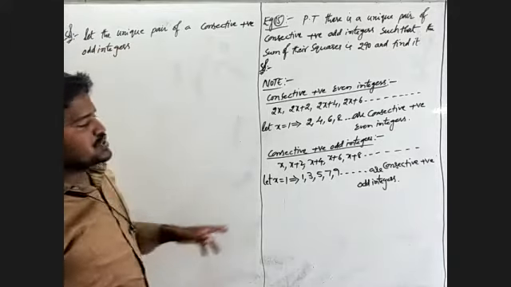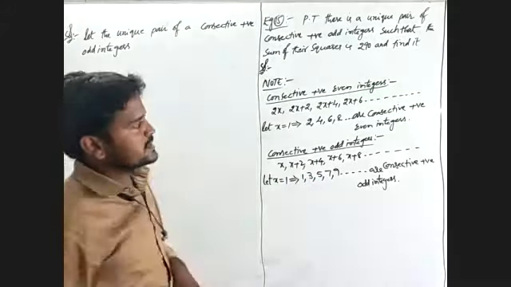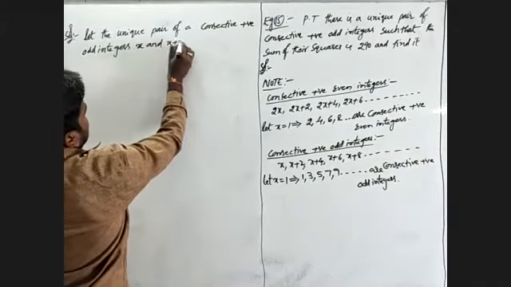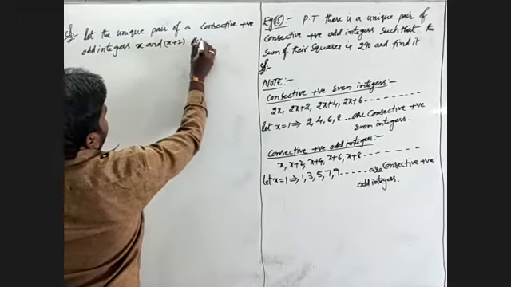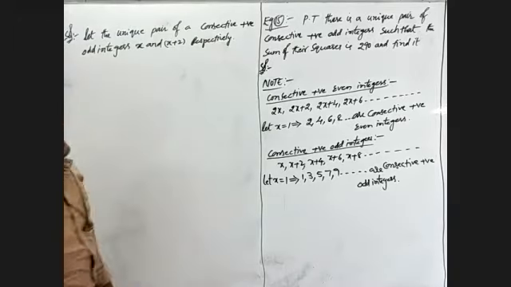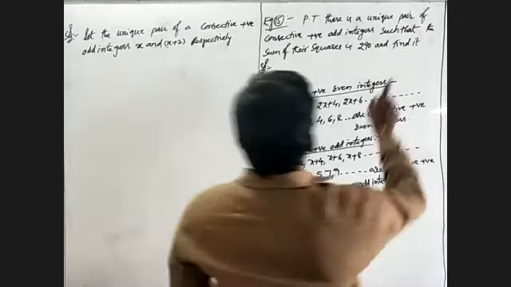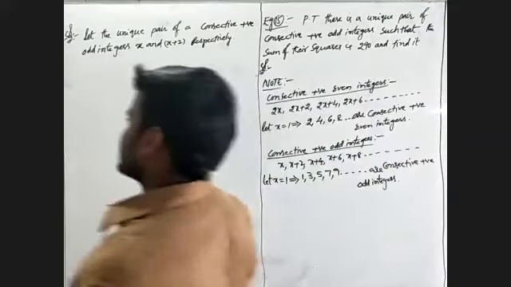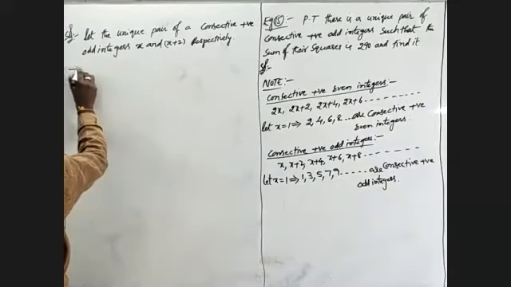We will take any 2 of them. I will take x and x plus 2 respectively. What is asked in this problem is that the sum of their squares is 290.